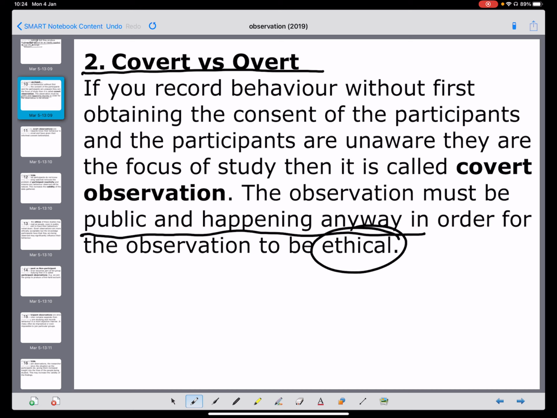If you're recording behavior without first obtaining consent, and the participants are unaware that they are the focus of the study, we call this covert. So in other words, it's covert if I'm hiding and they don't know that I'm observing them. That's why we have to deal with ethics when it comes to covert.